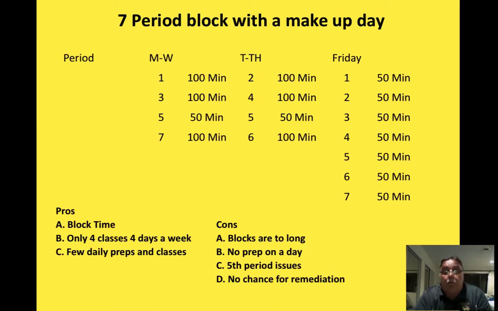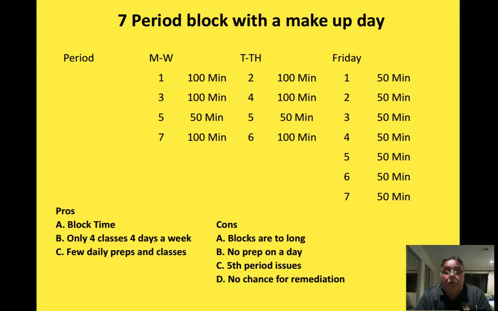7 periods with a makeup day. This is a way to block a 7-period day. And so, obviously, the odds meet on Monday, Wednesday. The evens meet on Tuesday, Thursday. Friday, you have a makeup day where all 7 meet. The unique thing about this schedule is you have very long periods in the 2 blocks at the top and the bottom block.